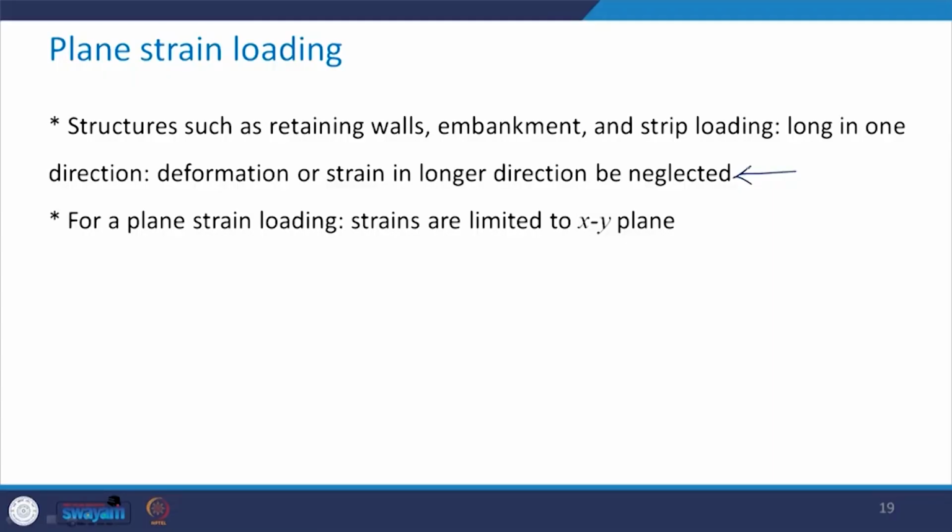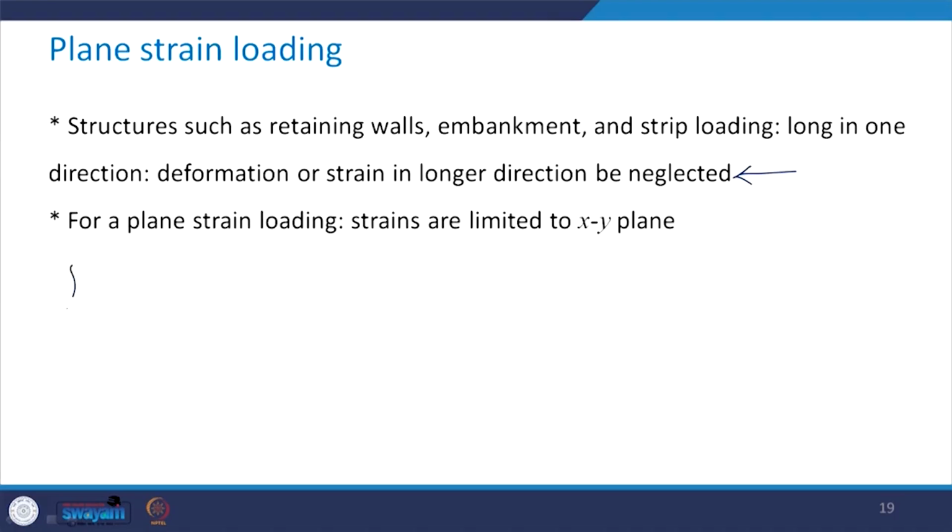Such type of loading is called plane strain loading. For a plane strain loading, the strains are limited to the xy plane. So, let us write, in the light of this property, the stress strain relationship for plane strain loading. So, this is how we can write it.